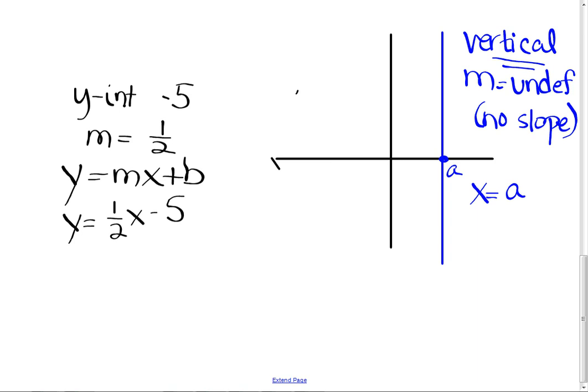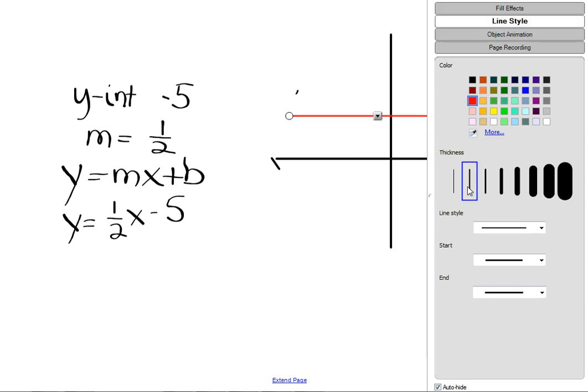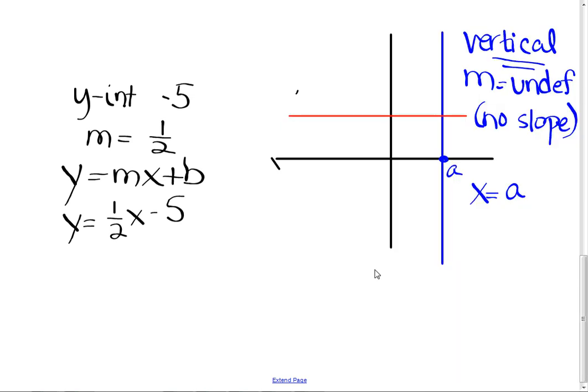And let's do the horizontal, although horizontal works with anything. And let's put our horizontal line here. Okay. What's that one going to be? What's the slope here? Good job, Ted.